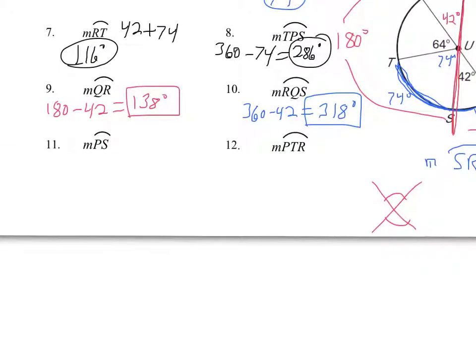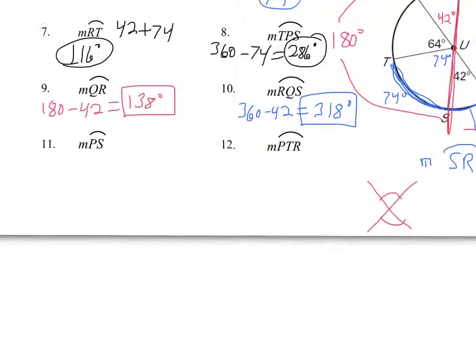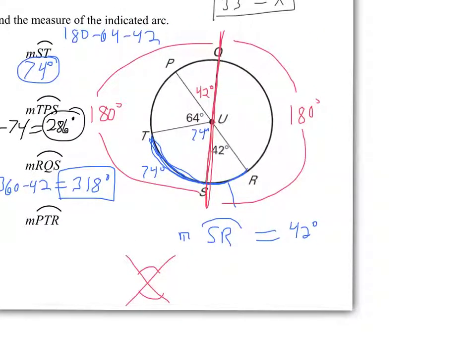All right, measure of PS is next. Where is PS? Let's see here. Now, this question comes up every now and then. Is PS from here to here, like that? Or is it from here to here? Aren't those both PS? Well, yeah, they are both PS. So when you can't tell, when it's ambiguous like that, always go with the smaller one. We call this a major arc, the bigger one, and a minor arc, the smaller one.